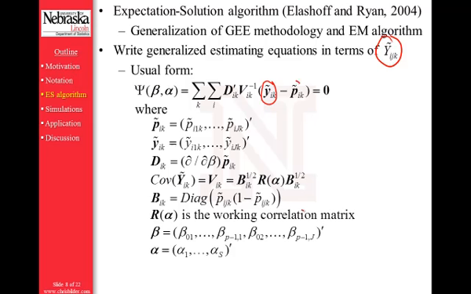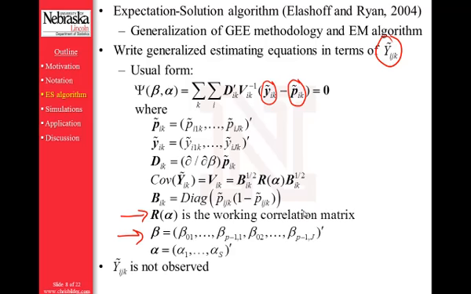We have their corresponding probabilities of being positive listed there. We also have a working correlation matrix that we have to worry about too, R sub alpha, and alpha is just a set of working correlation parameters that we need to estimate somehow. Generally in a generalized estimating equation situation, you are interested in solving the estimating equation for your vector beta, your regression parameters.